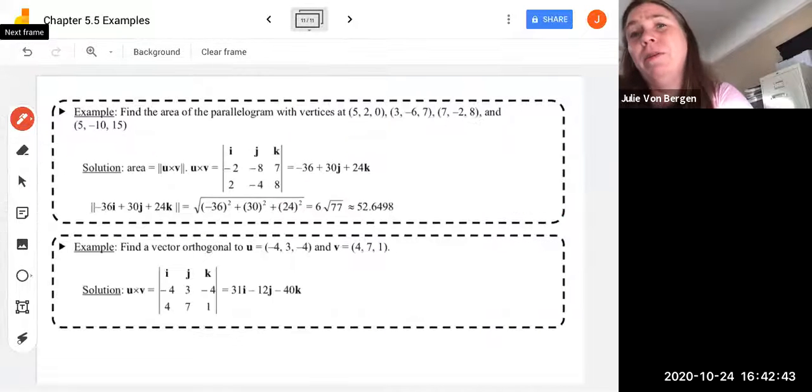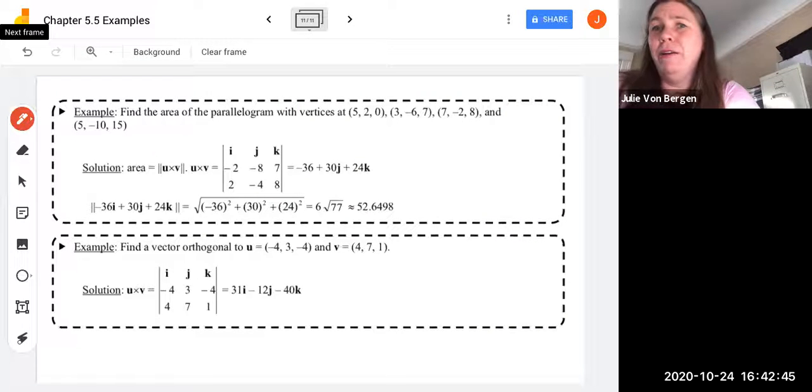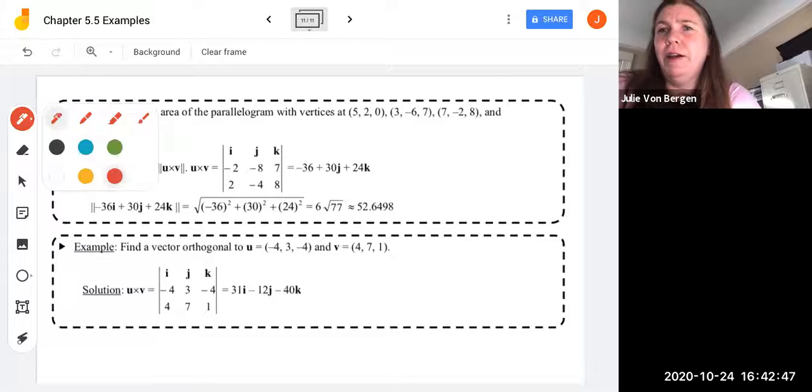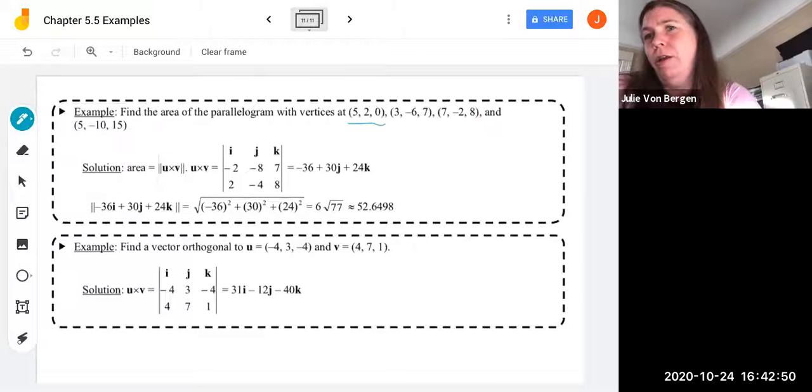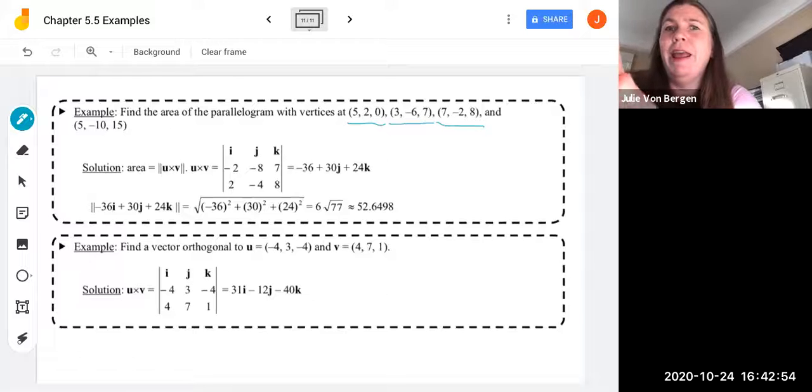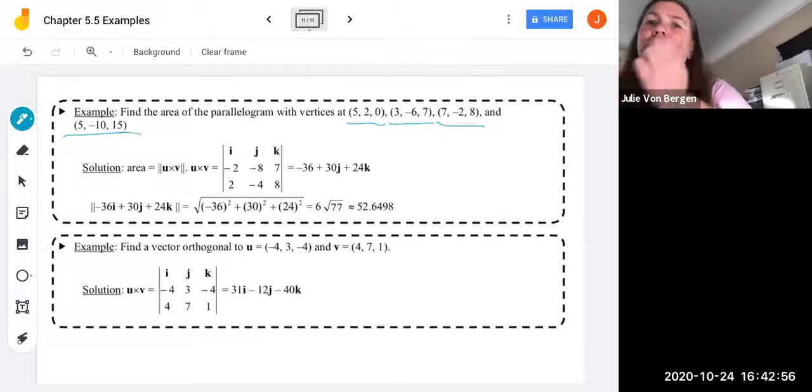So in our first example, we're going to find the area of the parallelogram with vertices here at (5, 2, 0), (3, -6, 7), (7, -2, 8), and (5, -10, 15). So the solution is going to be the area, which is going to equal the norm of u cross v.